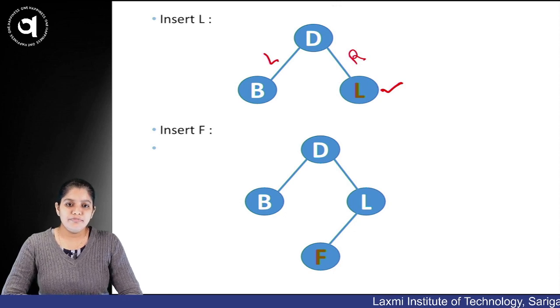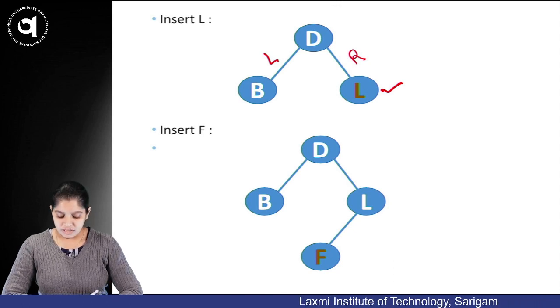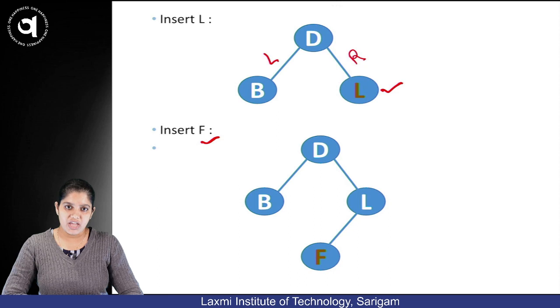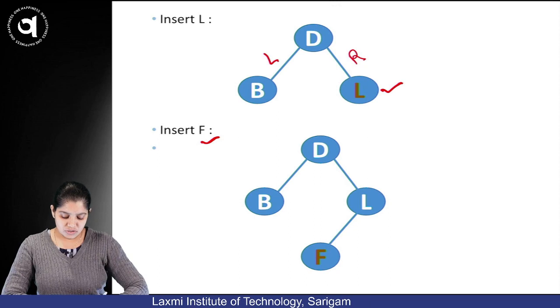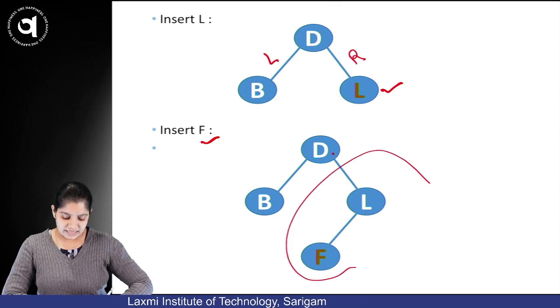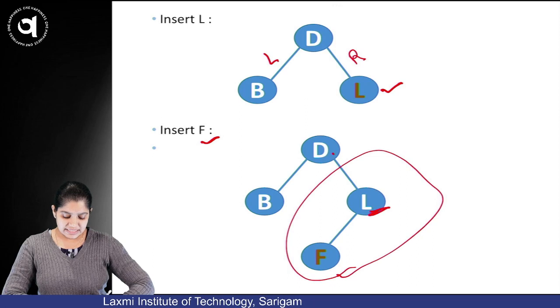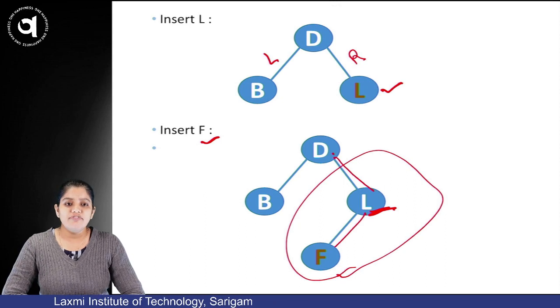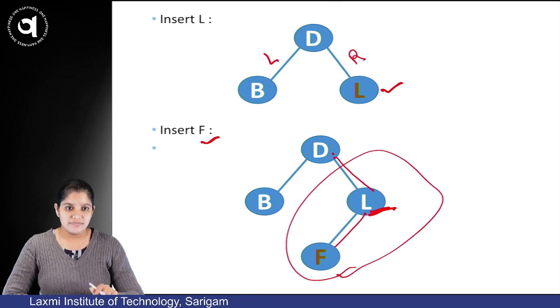So B will be the left child of D, and L will be the right child of D. Now the next element is F. F is greater than D, because we have A, B, C, D, E, F. So it should be greater than D, but it is lesser than L. That means first we need to go right and then create the left one. So F will become the left child of L.